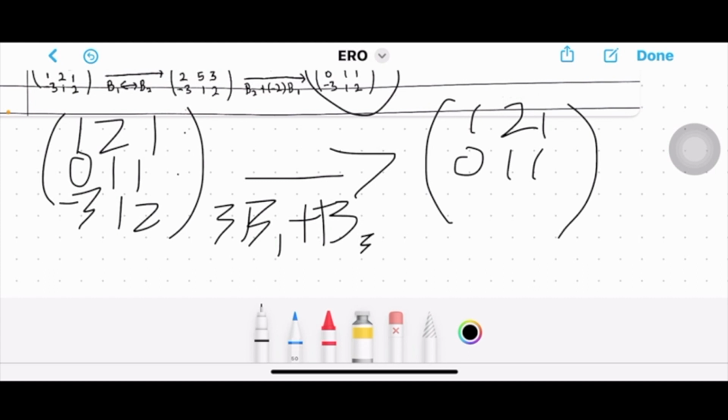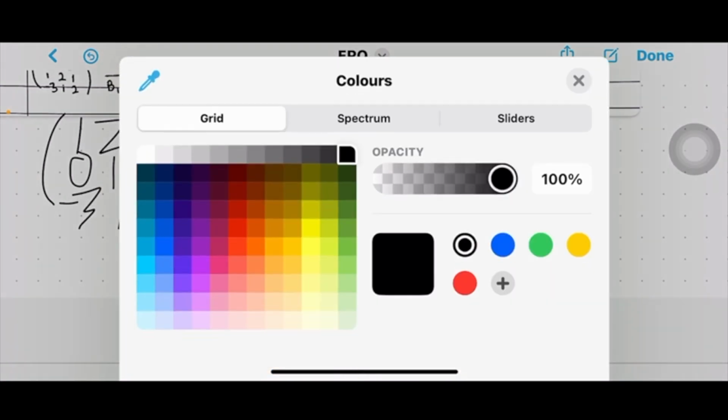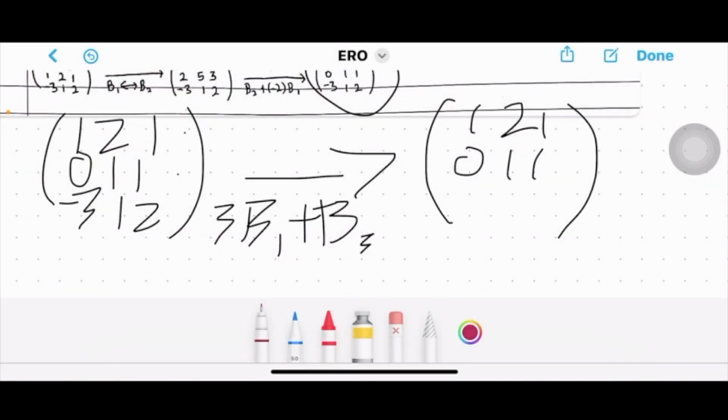As for the third row, when we substitute our digits into the operation, we will get 0, 7 and 5.